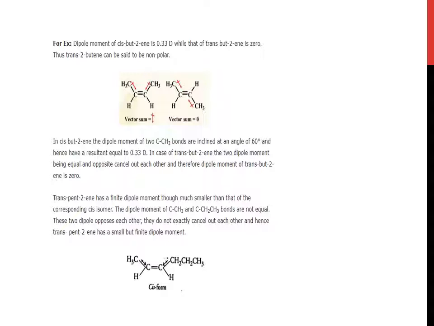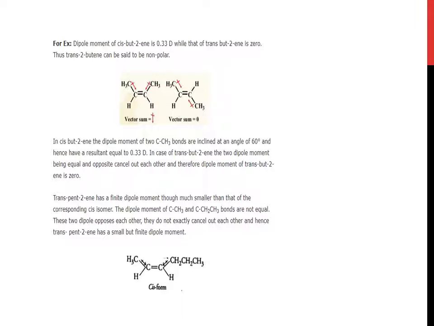So, the vector sum for the trans is 0, because in the case of trans, both the methyl groups are on opposite sides, and for cis they are on the adjacent side and they have some vector sum, some value of dipole moment mu.